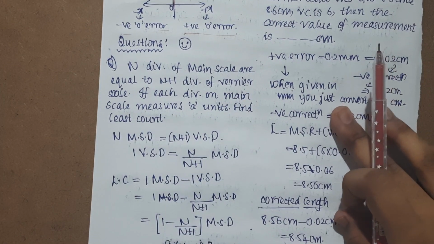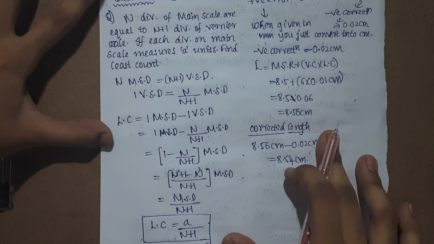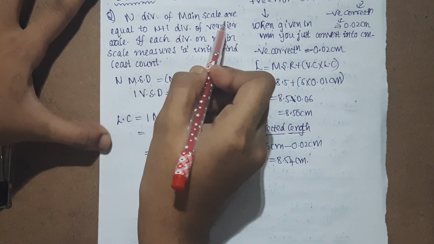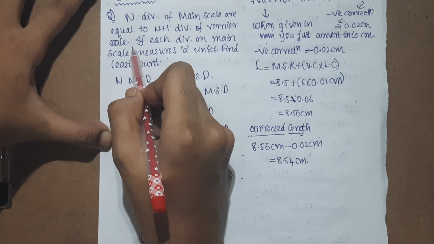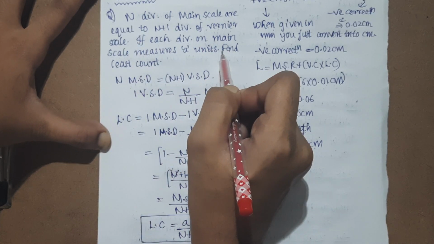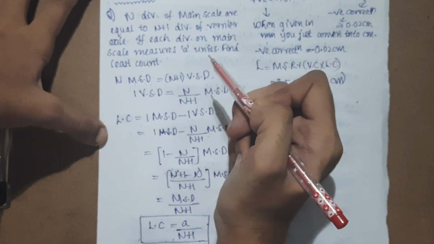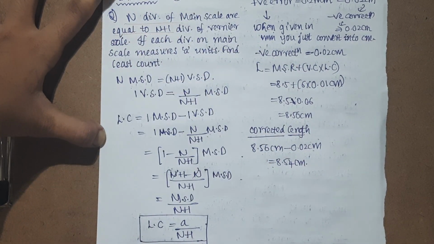Now let us go through a few questions. Coming to this question, n divisions of main scale are equal to n plus 1 divisions of Vernier scale. If each division on main scale measures a units, then find least count. Simply write this statement into mathematical form.